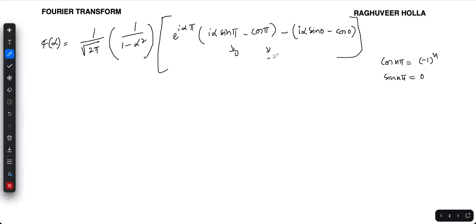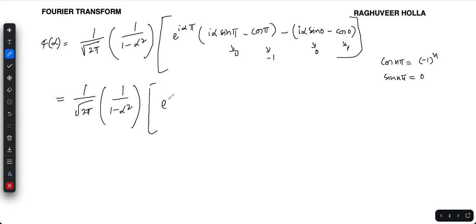Sine 0 is 0 and cos 0 is 1. So let us substitute it. This is 1 by root 2 pi, 1 by 1 minus alpha square, e to the power of i alpha pi.